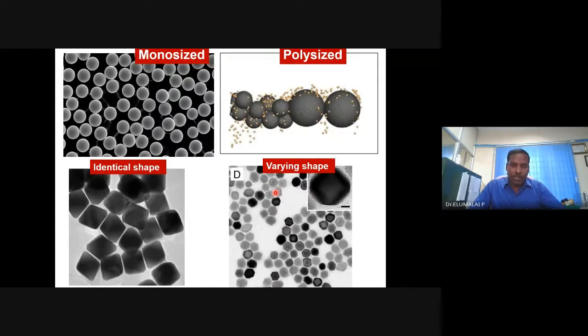Similarly, identical shape, varying shape. If all the grains have the same shape, whether spherical or cubical, triangular, etc., then it is identical shape, uniform shape. If not, varying shape.